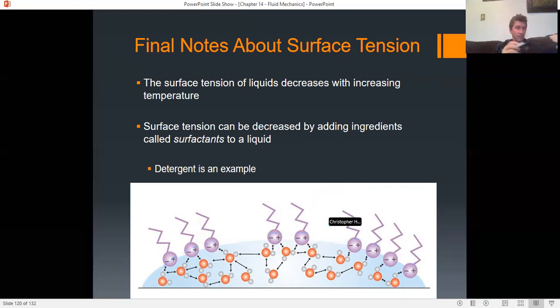And again, this reduces surface tension. That's why we use detergent, which is a surfactant, to break things like the surface tension, which would allow us to wash off dirt or other fatty things.